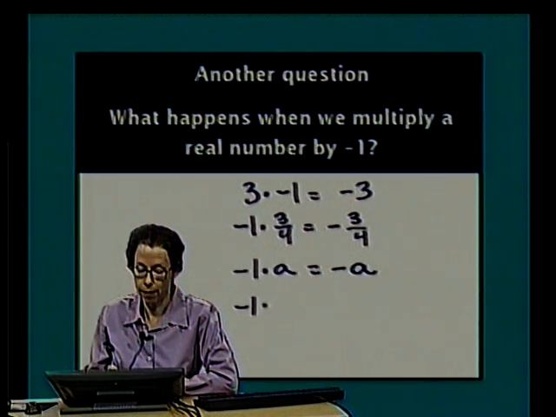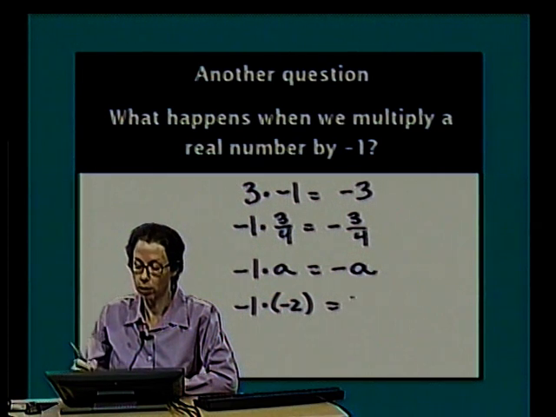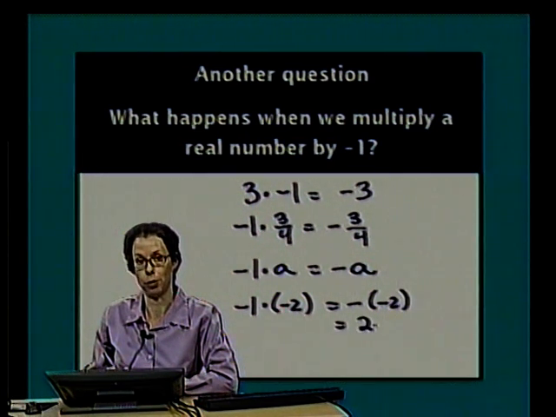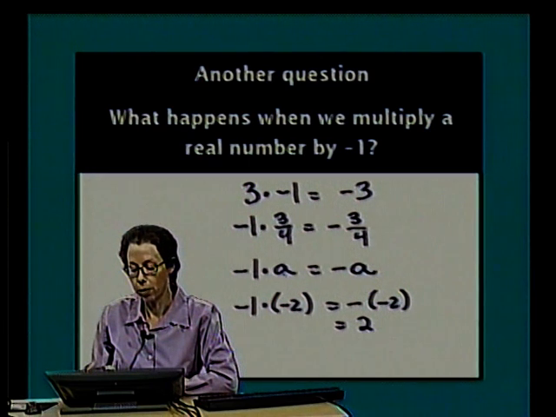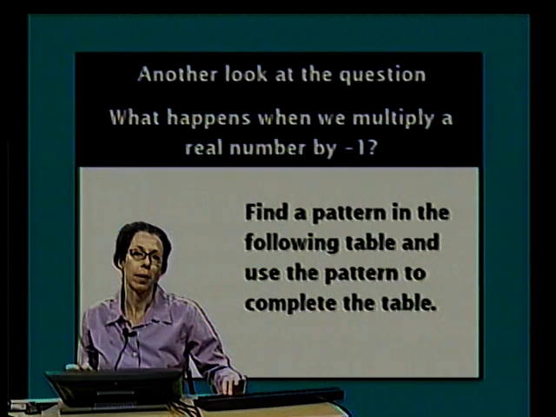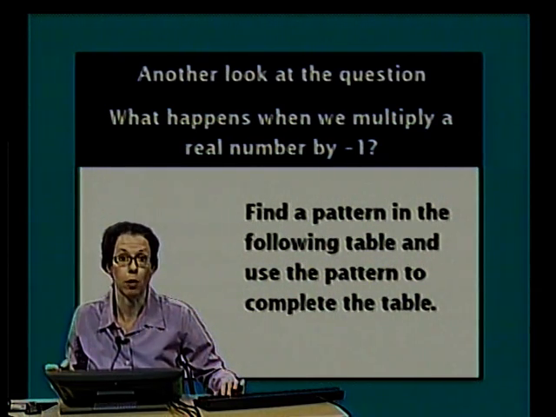For example, if A was -2, then according to the pattern we've seen here, we would get the opposite of -2, which would be +2. So it looks like whether A is positive or negative, we're changing the sign of the number when we multiply it by -1. But I'd like to take a minute to look at this another way.